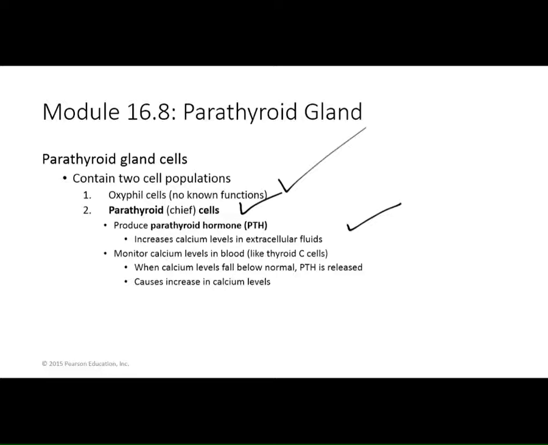Parathyroid will increase your calcium levels, whereas, so when your calcium levels are low, parathyroid hormone will be released, and that will increase your calcium. When calcium is too high, calcitonin will be released from your thyroid and drive it back down. Okay, so calcitonin, parathyroid, back and forth.